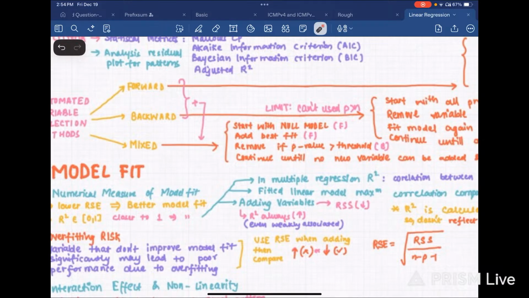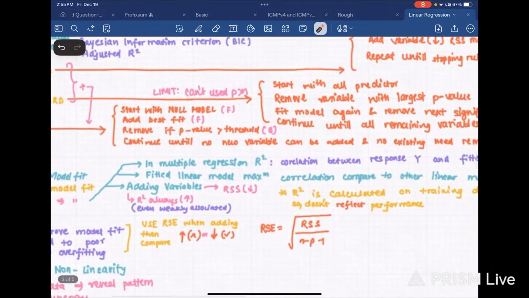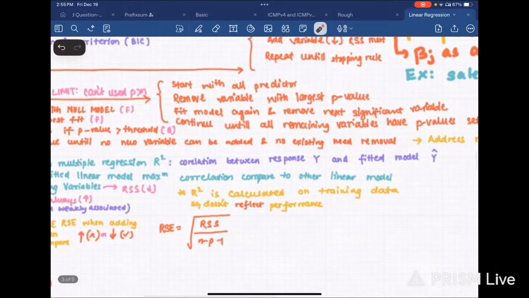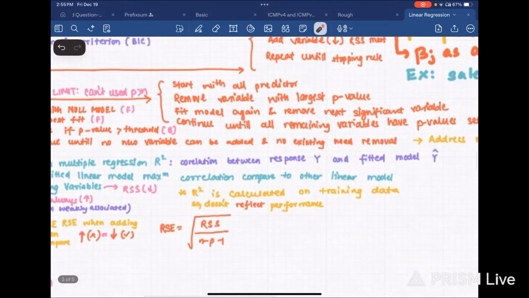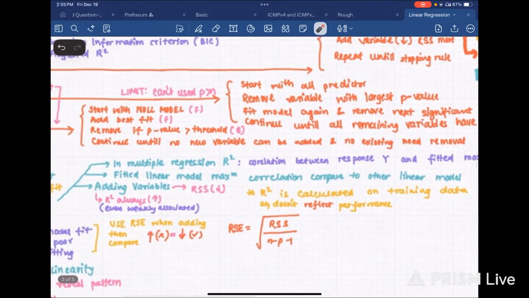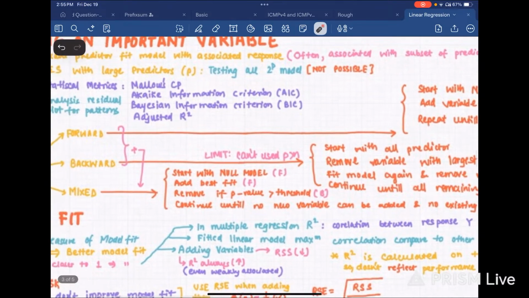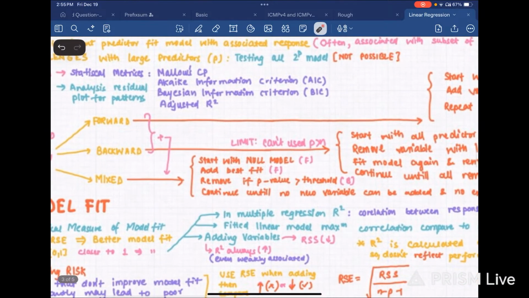For mixed, we use both backward and forward. We start with the null model and add the best fit variable. Remove a variable if its p value is greater than the threshold. Continue until no new variable can be added and no existing variable needs removal. So we basically use both forward and backward here.